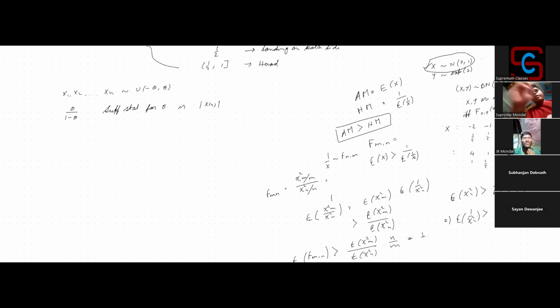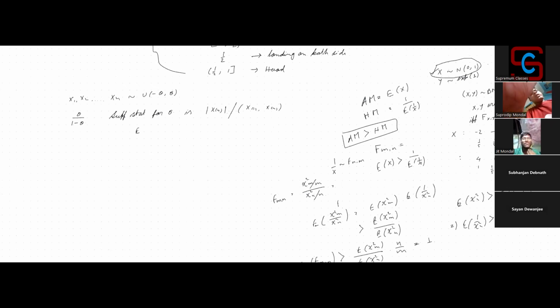I am writing down this. The expectation of, and X order r follows beta r, n comma 1.